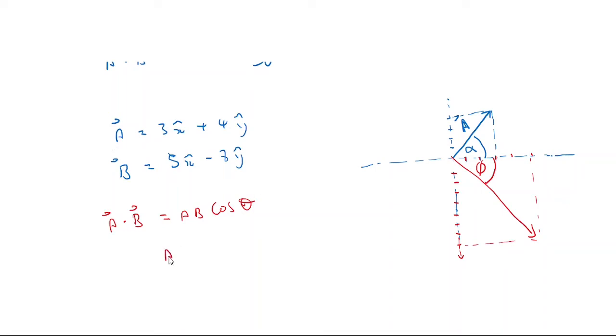So I'll say that A is going to be the square root of the value on the x, which is 3 squared, plus the value on the y, which is 4 squared, and then this is going to be 5. So you could say this is meters, just so that we have units, right? So this is 5 meters.